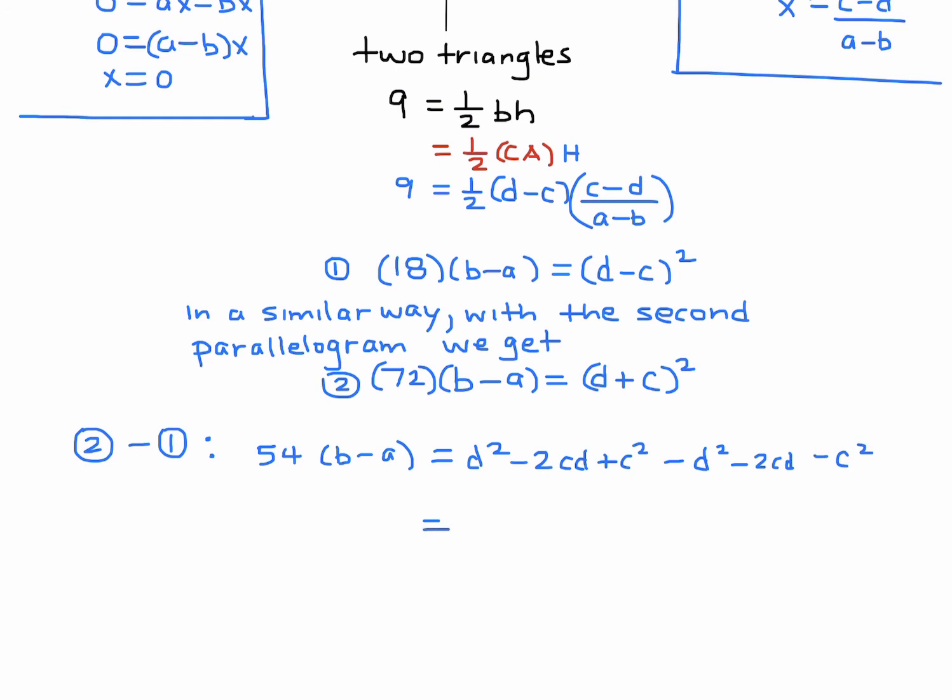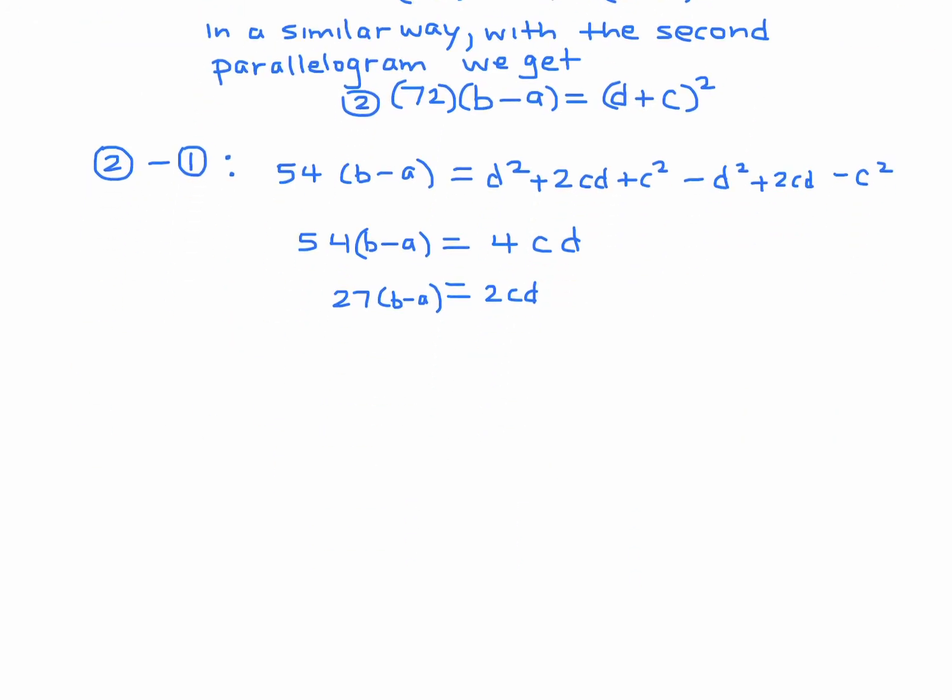And that leaves me with just 4cd is equal to 54(b minus a). And if I divide through by 2, I get 2cd is equal to 27(b minus a). All right, we're almost done here.